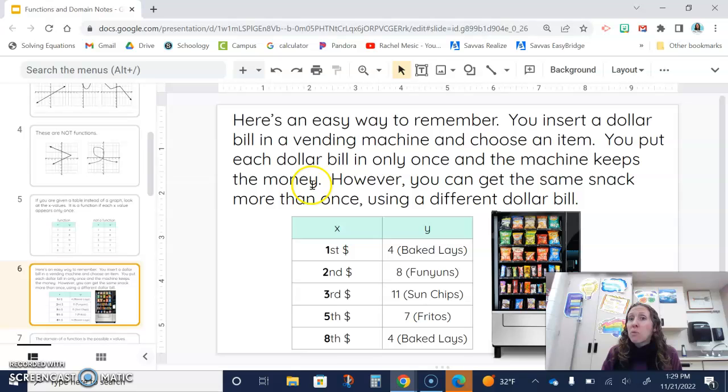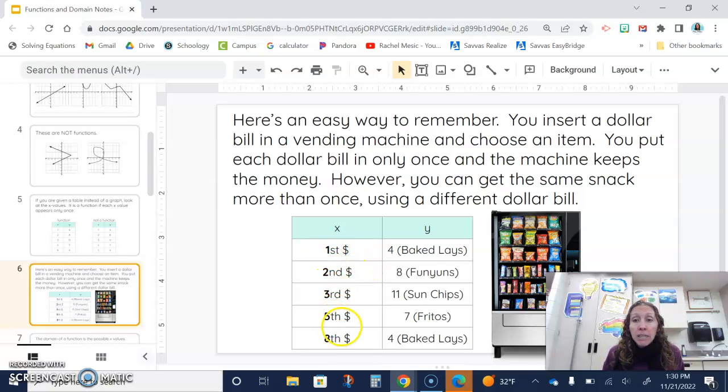All right, an easy way to remember that table trick, think of the X column as dollar bills that you have, and you're putting them into a vending machine to choose an item. I can put my first dollar in one time and only one time, okay? My second dollar bill, I can only put it in once, okay?